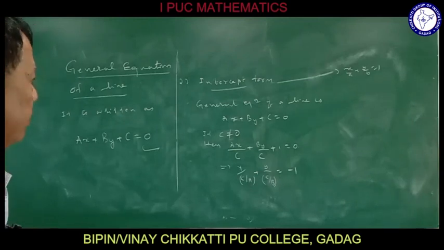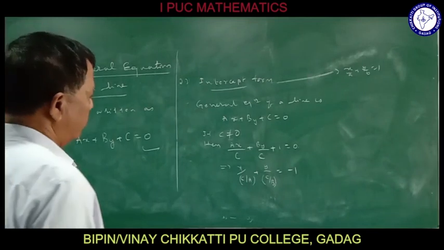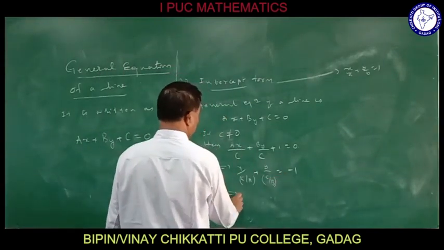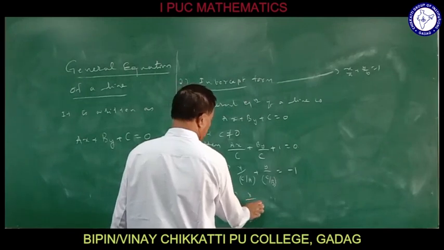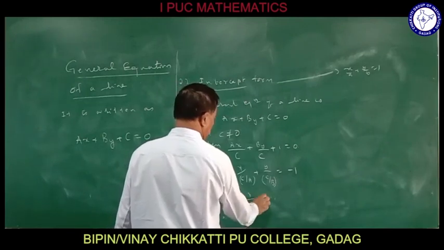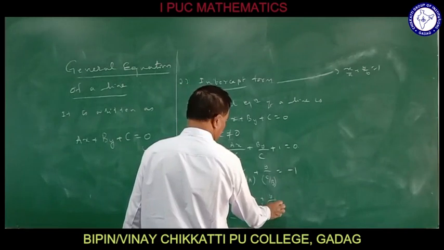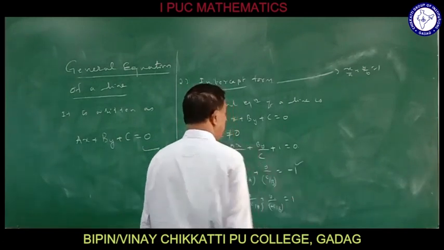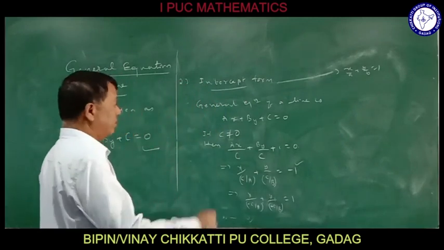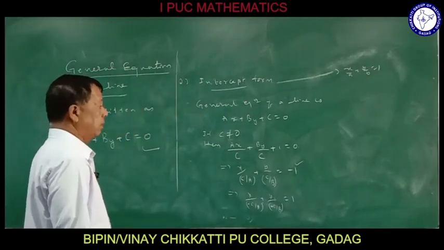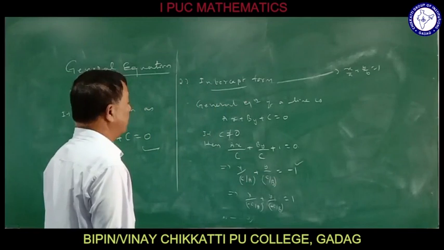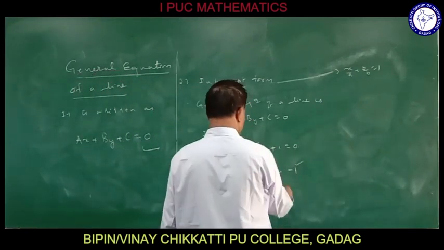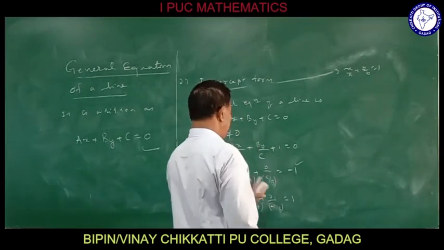So x by minus c by a plus y divided by minus c by b equals 1. The right side is always to be maintained positive. Plus 1 you have to write, because x by a plus y by b equal to 1, you know. So now you have got it by multiplying both sides.